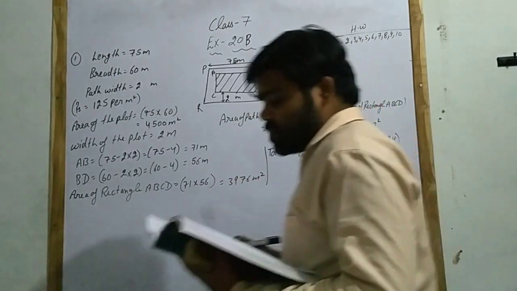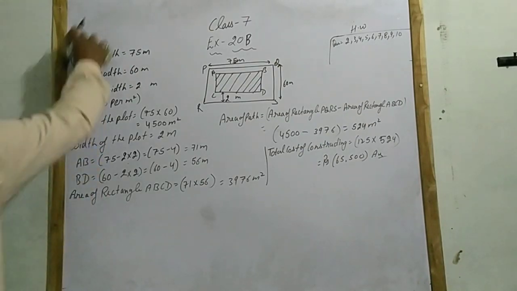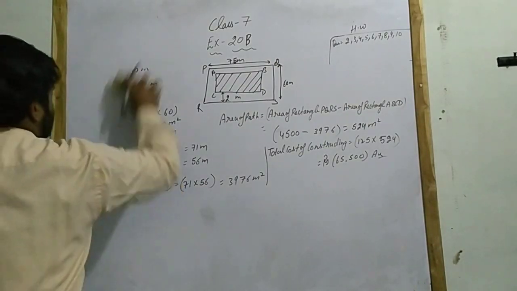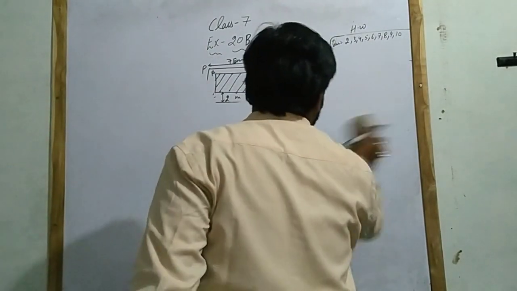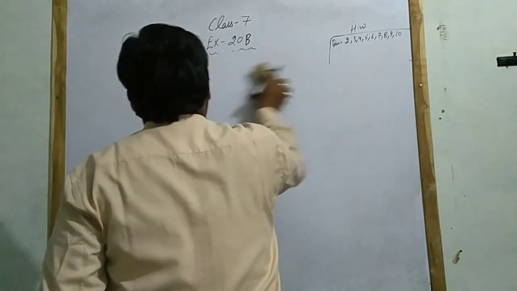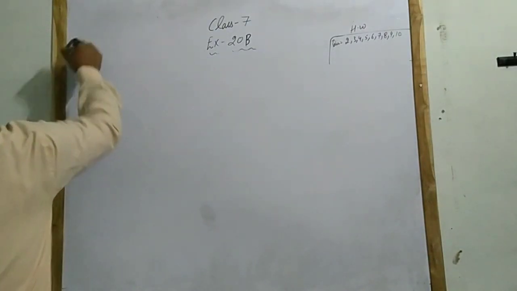Now we will discuss question number 11. A rectangular lawn is 70 meter by 50 meter. It has two roads, each 5 meter wide, running through its middle, one parallel to its length and the other parallel to its breadth.